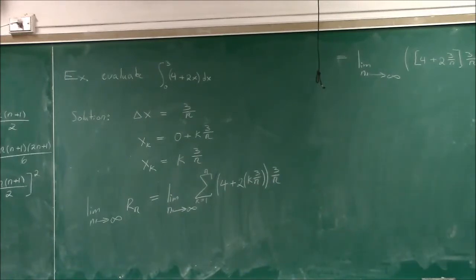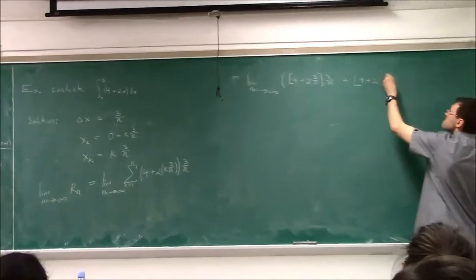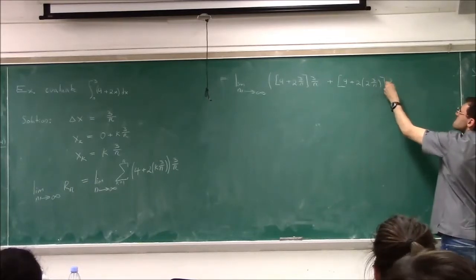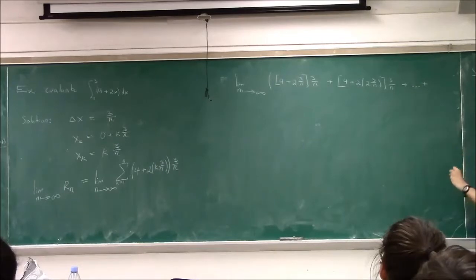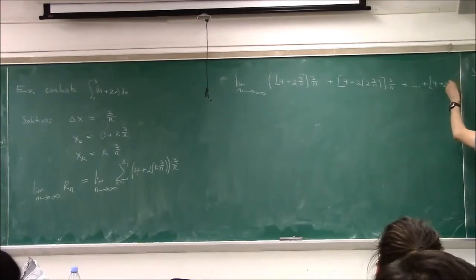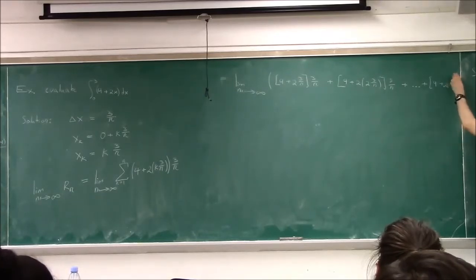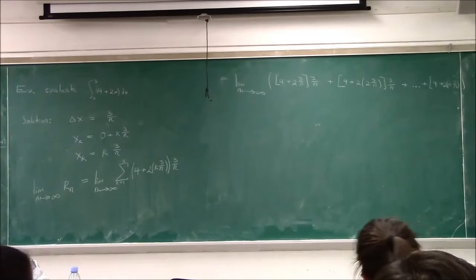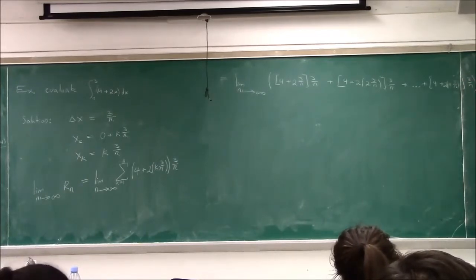If you see it without doing it, then by all means. 4 plus 2 times 2 times 3 over n, plus 4 plus 2 times n times 3 over n, times 3 over n.